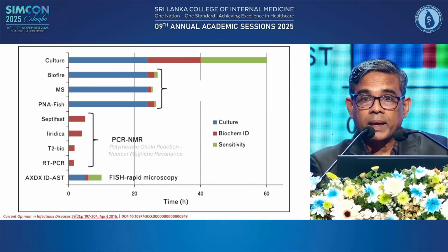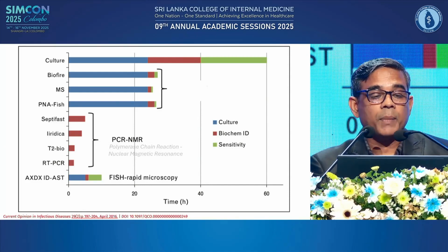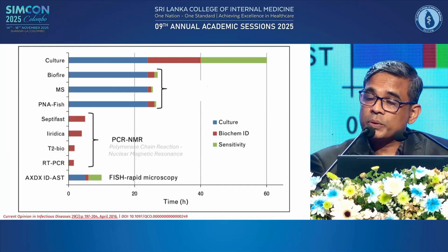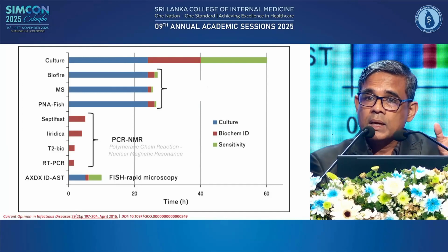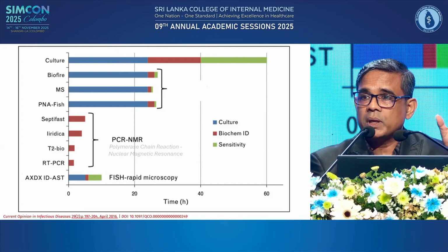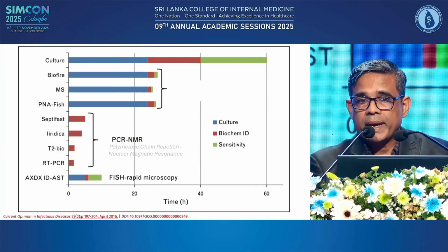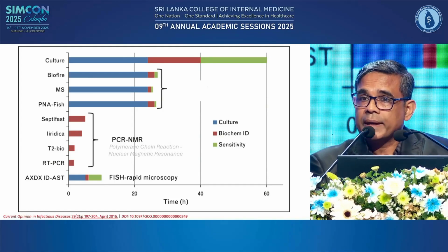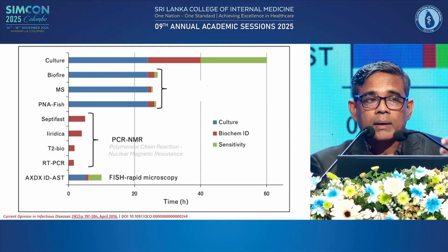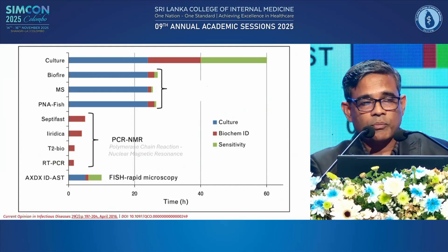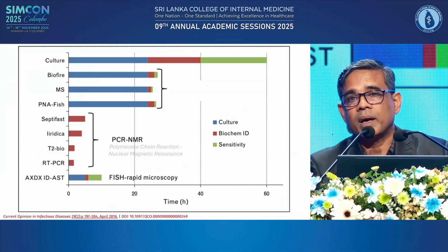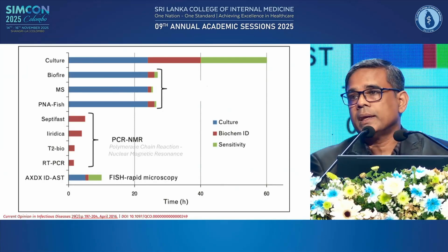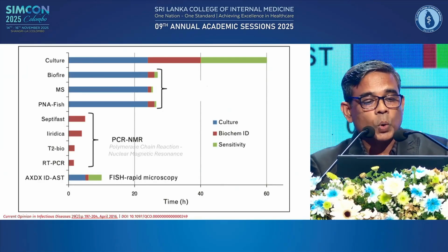But when you compare it with modern methods like BioFire, mass spectrometry, and peptide nucleic acid FISH, they will give the results 24 to 48 hours ahead, so that in conditions like sepsis and septic shock you will be able to get the results early. Targeting and focusing with a narrow spectrum antibiotic will be faster, and that will help in antimicrobial stewardship programs.